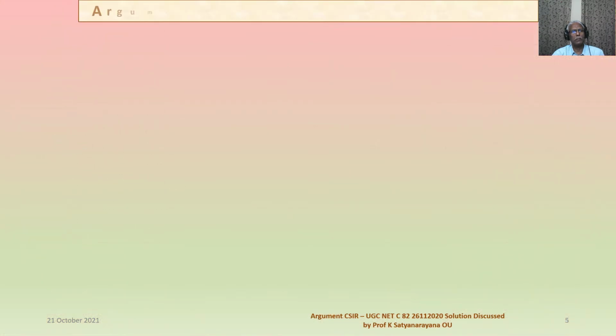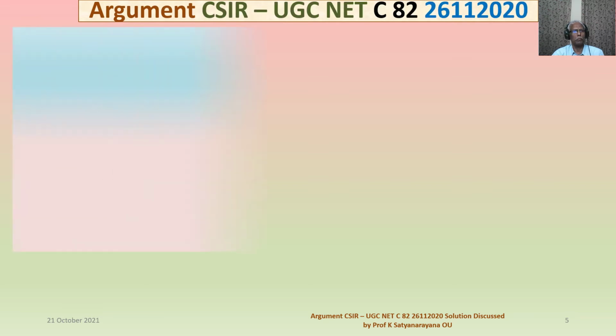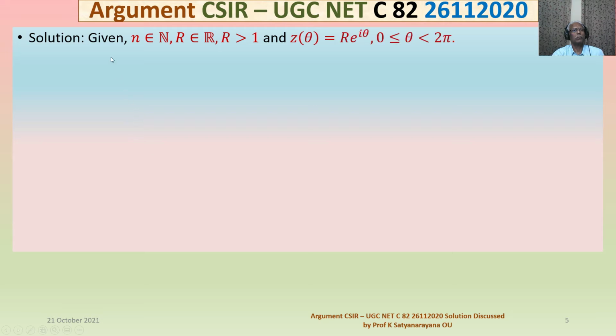Let's now discuss the solution of this problem. This question is based on the concept of the argument of a complex number, that means it is regarding theta. Solution. Given n is a natural number, r is a real number with r greater than 1, and z(theta) = r e^(i theta), 0 ≤ theta < 2π.